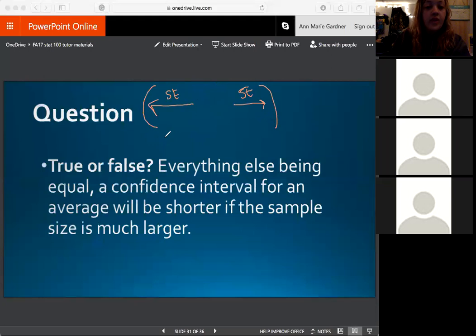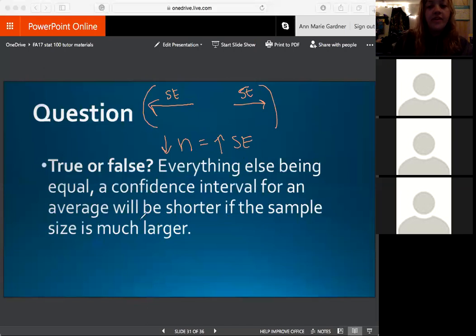So if we have a smaller sample size, that means we're going to have a larger standard error, because remember, we want a big sample size to decrease that error. A smaller sample size gives a larger standard error.